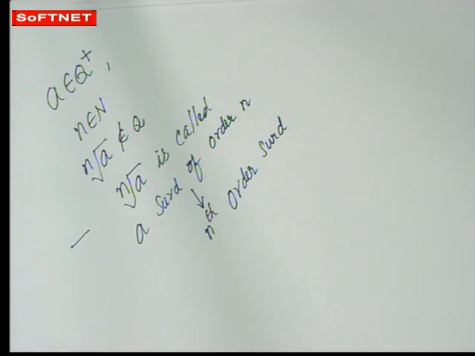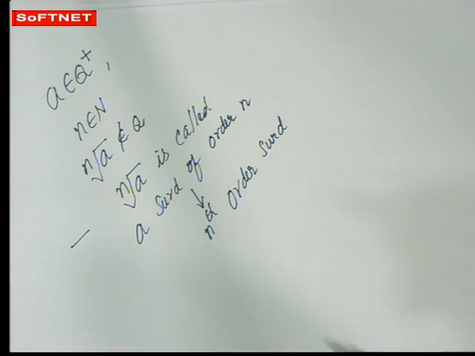Okay. So let me revise once again. A is a positive rational number, n is a natural number, nth root A is not a rational number, then nth root A is called a surd of order n, or an nth order surd.